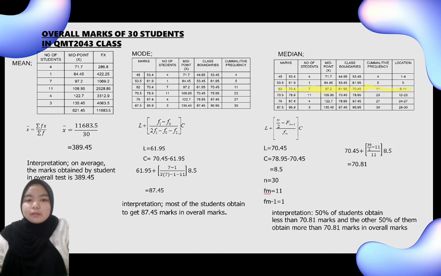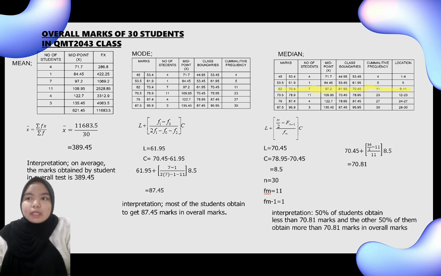For the overall marks of 13 students in QMT 2043 class, the mean is 389.45. The interpretation: on average, the mark obtained by students in the overall test is 389.45.